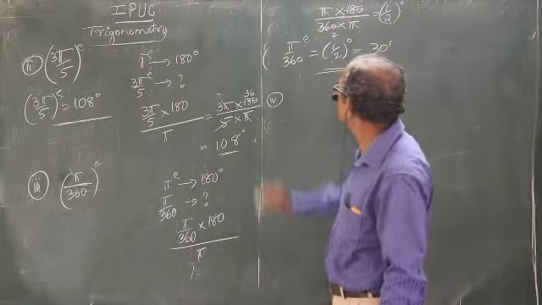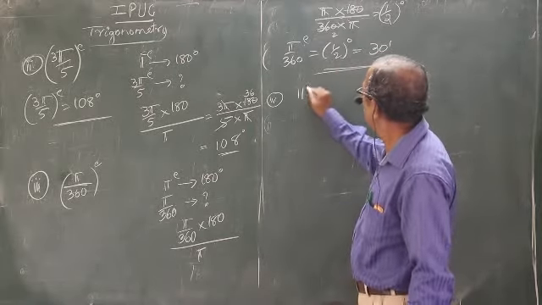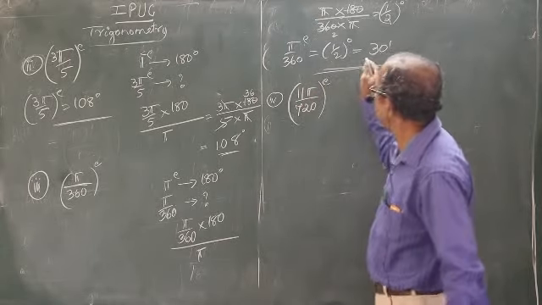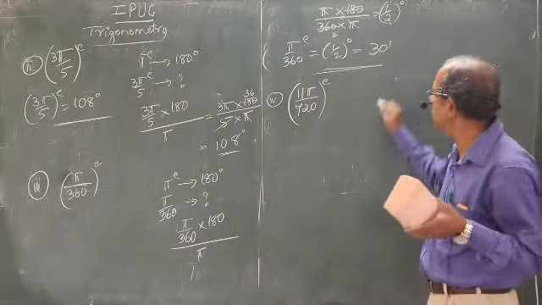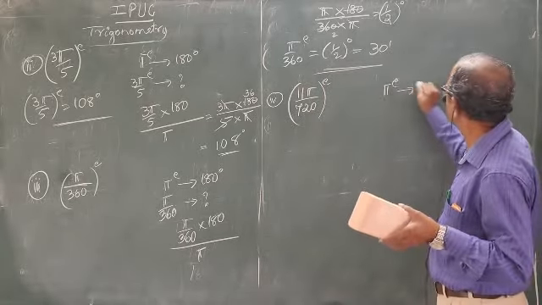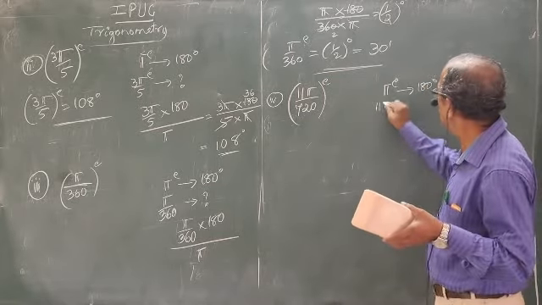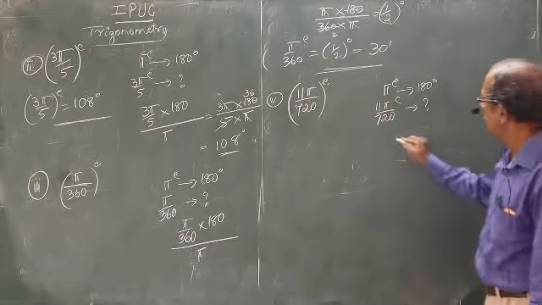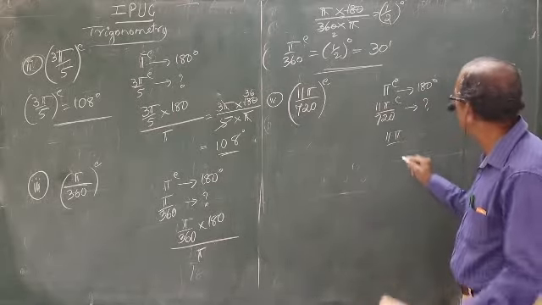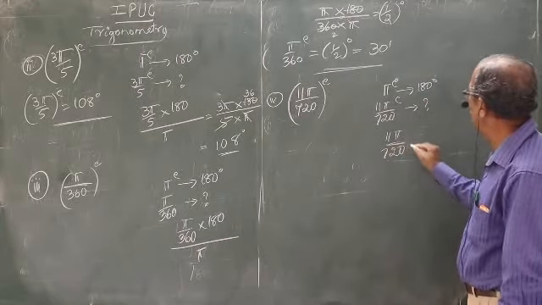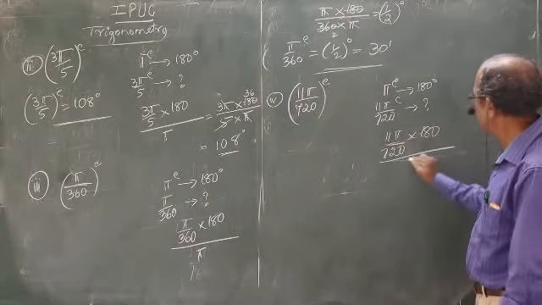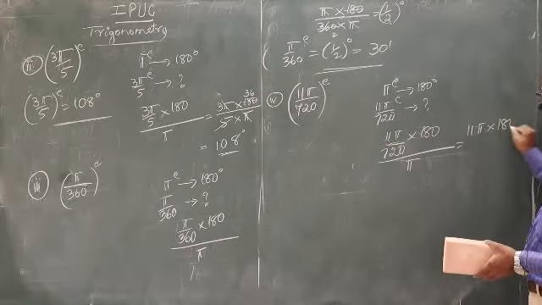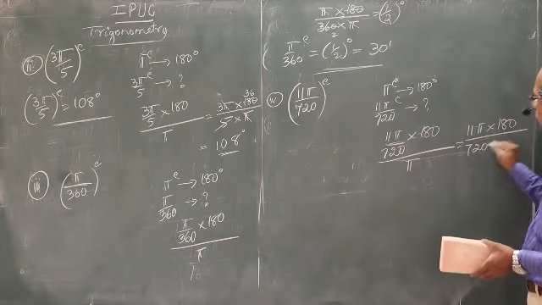Problem number 4th one. 11 pi by 720 radian. Pi radian equal to 180 degree. 11 pi by 720 radian equal to how much? 11 pi by 720 into 180 divided by pi. 11 pi into 180 divided by 720 into pi.